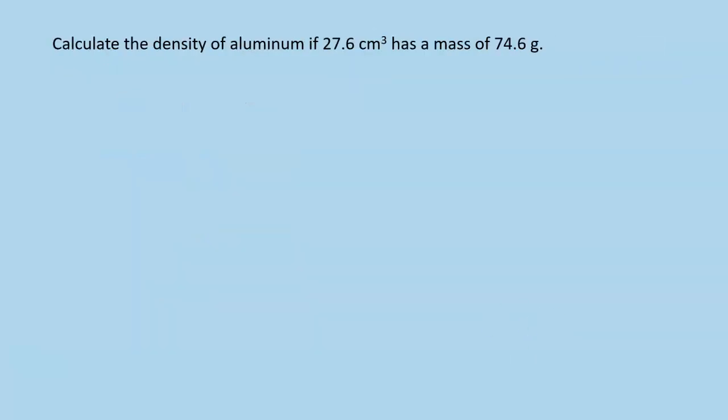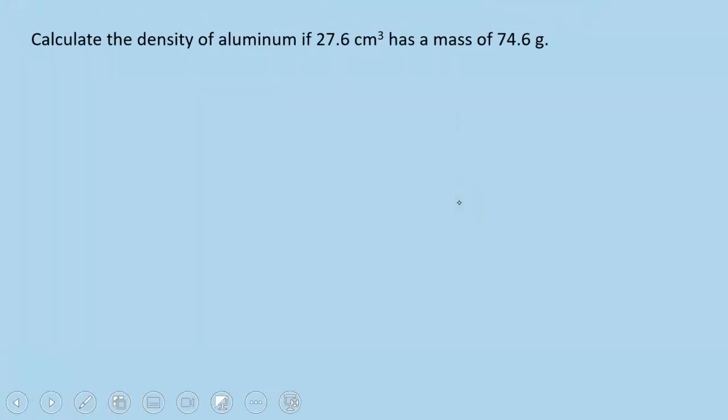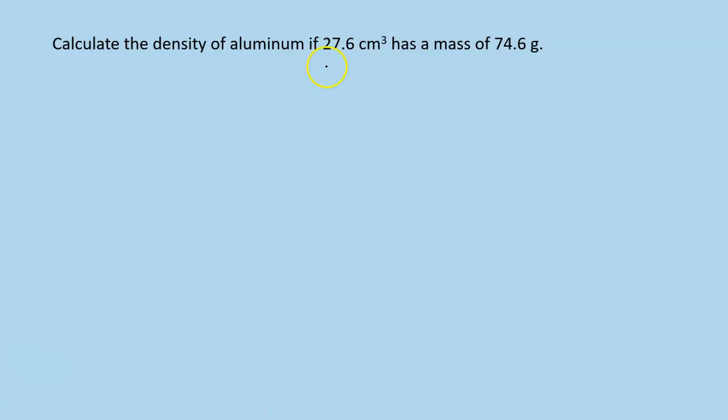Next example, we've got: calculate the density of aluminum given 27.6 centimeters cubed. Because of the centimeters cubed, that is your volume, because those are units of volume, and a mass of 74.6 grams.